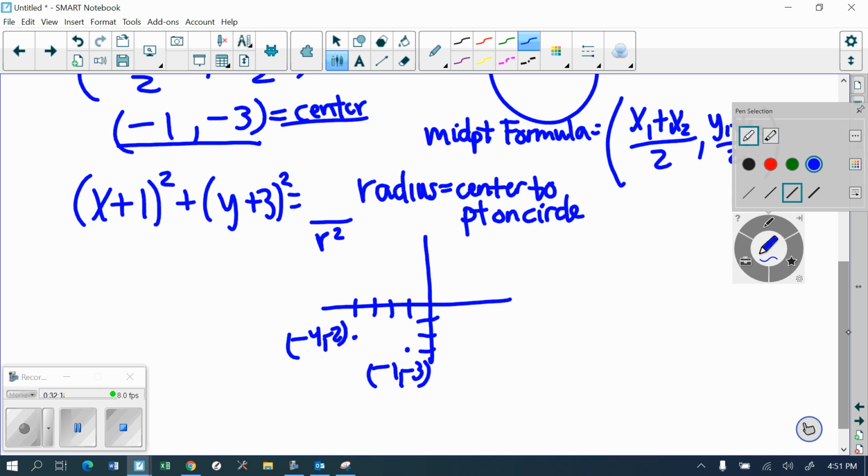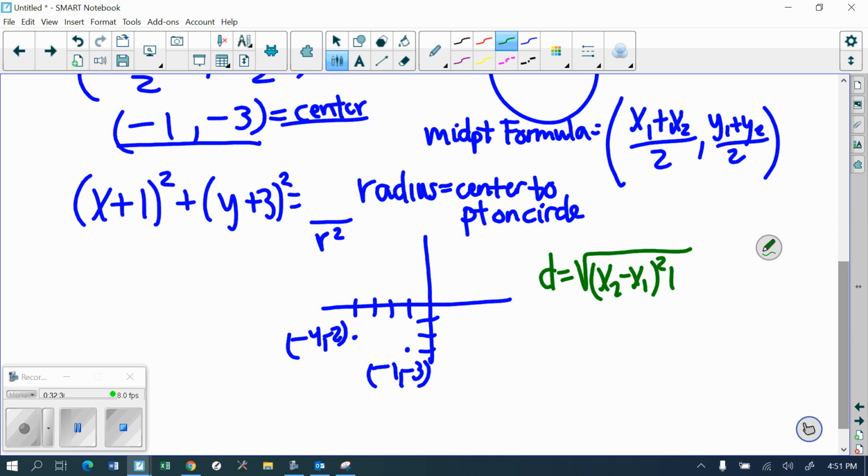Okay, so I need to find that distance. Oh, I just said the word distance. That means distance formula is one way I could use it: x sub 2 minus x sub 1 squared plus y sub 2 minus y sub 1 squared.